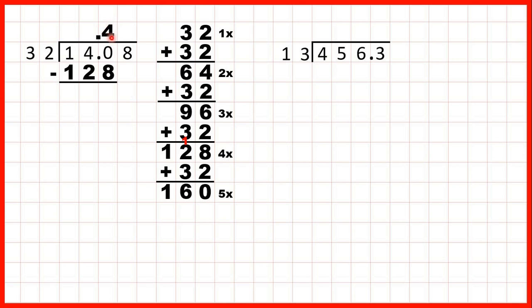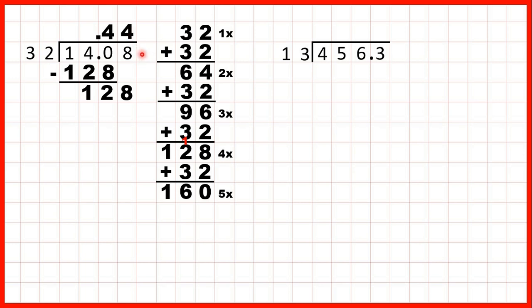Remember, we always write the digit above the last digit that we divided, and because we divided 140 by 32, the 4 needs to be written above this 0. So now we subtract and bring down. 140 minus 128 is 12, and we can bring down the 8, so we have 128 divided by 32. We can see that that's exactly 4 times 32, so we can write 4 in our answer.